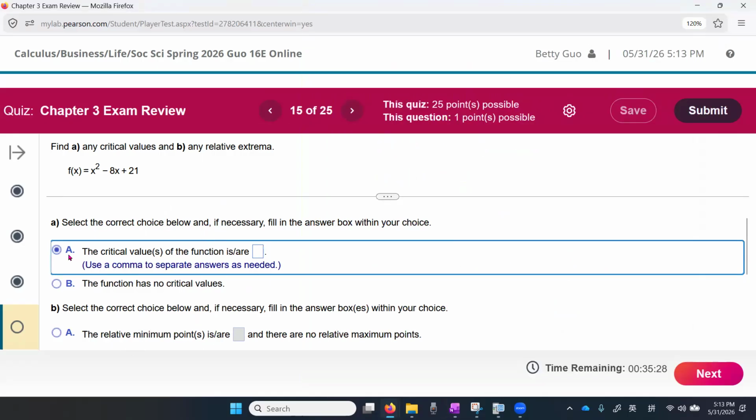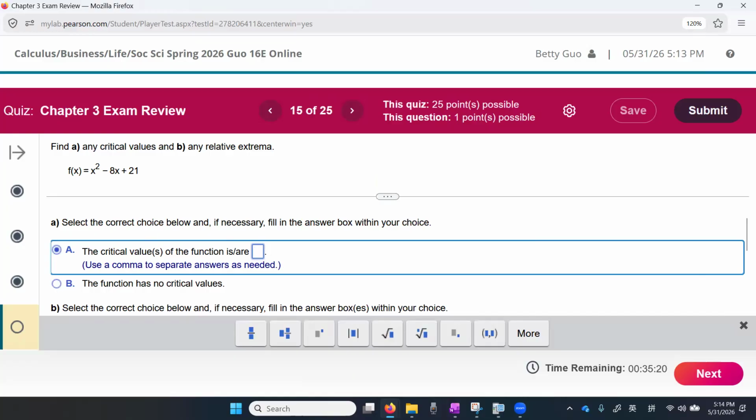The critical value of the function is, use a comma to separate. There's only one critical value, which is 4. It's differentiable from negative infinity to positive infinity, but it has a horizontal tangent line at 4, at the minimum value.